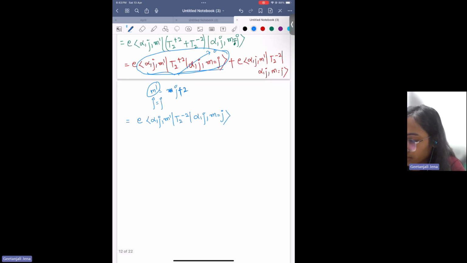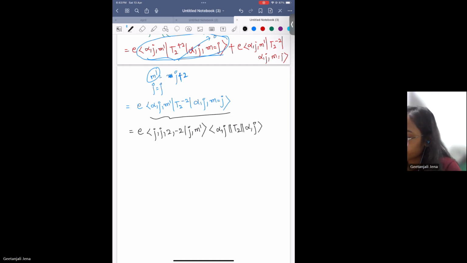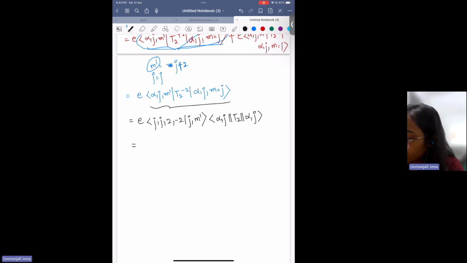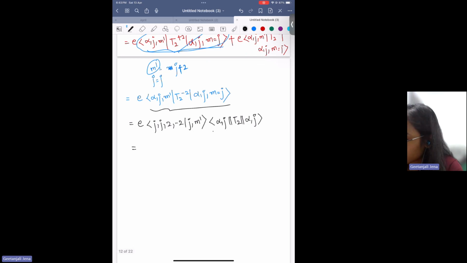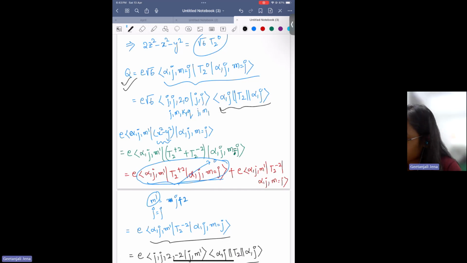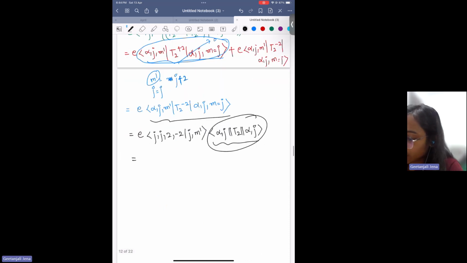So now you can write it in terms of this Wigner coefficient. This one. So if we write it, e, this will be J 2 minus 2 J m prime, and there will be a term alpha J, T2 alpha J. So that means you will get, if you put the expression for this one from here, you have the term here which is also present in this one.